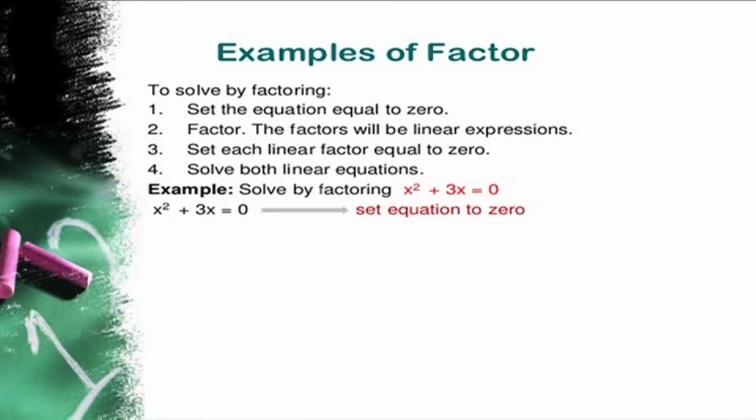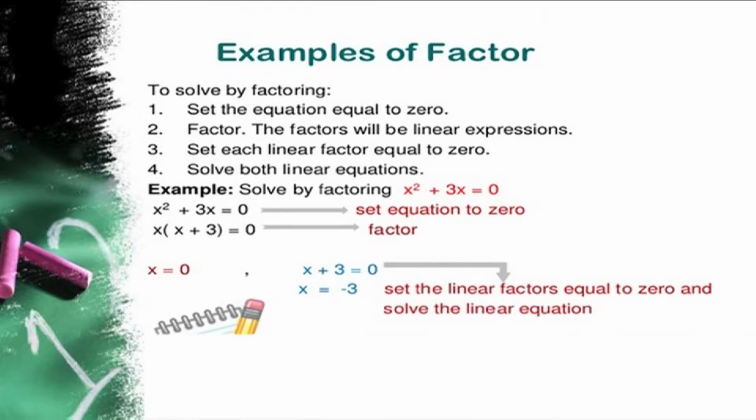Set the equation to 0 and the factors will be x multiplied by x plus 3 equal to 0. Now either x equal to 0 or x plus 3 equal to 0, which gives x equal to minus 3. That is, set the linear factors equal to 0 and solve the linear equations. That is, x has two values, one value is 0, another value is minus 3.